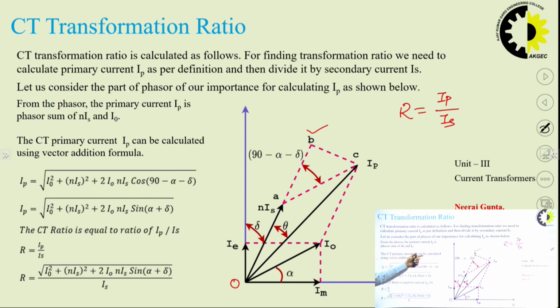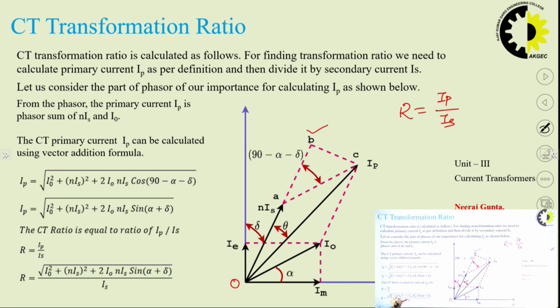The CT primary current Ip can be given as I naught square, that is, this is the projection of this in this direction, plus N times Is, the projection of this here, NIs square, plus 2 I naught NIs cos 90 minus alpha minus delta. So, that will be your Ip, and the CT ratio is equal to Ip by Is as given also.